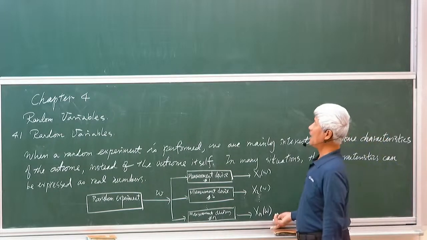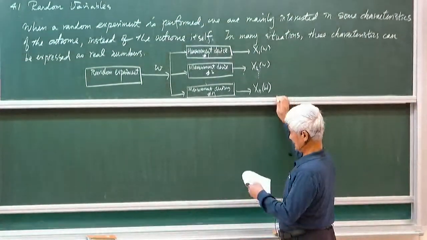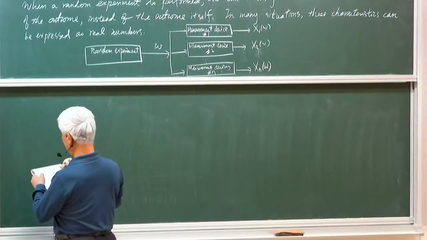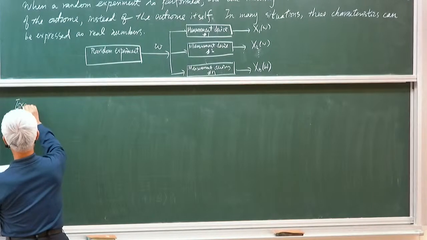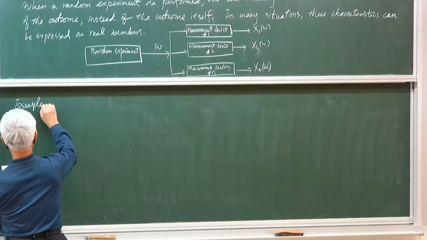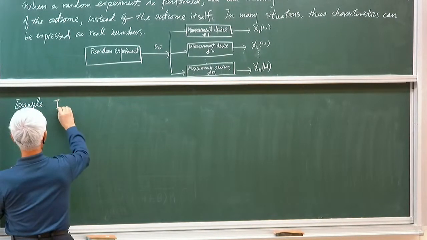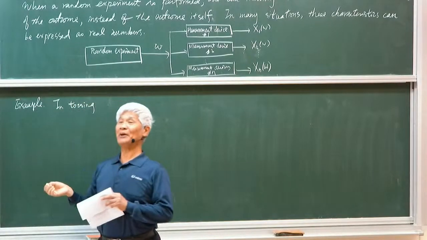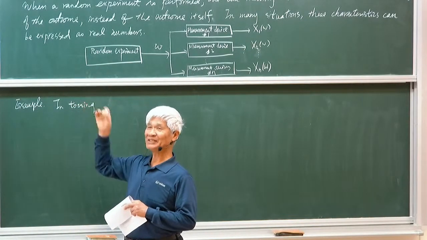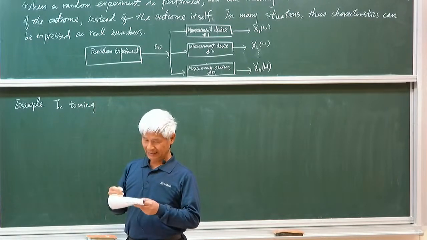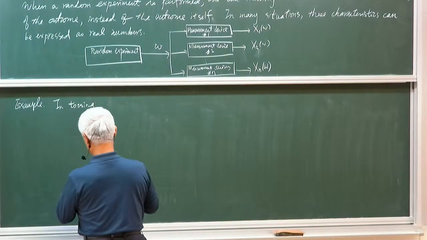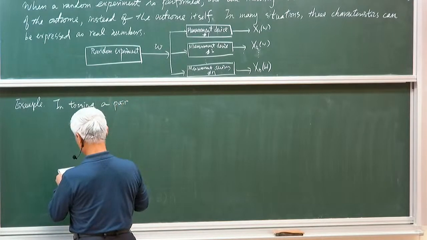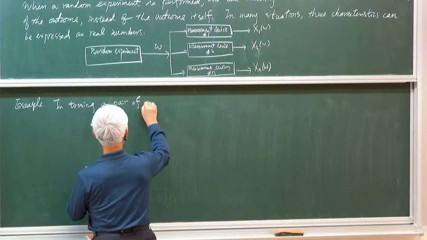So let me take a couple of examples. Of course, these toy examples are simple, and real applications would be very complicated. But the main idea can be seen from simple examples.